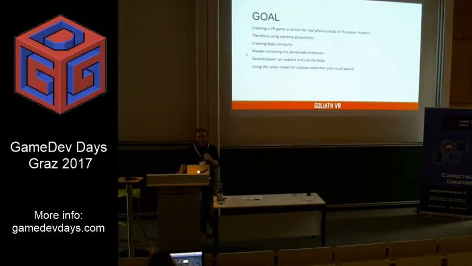Therefore, I was using extreme proportions, and I was trying to get as close to body similarity as possible, to maybe increase the perceived immersion. And what I wanted to have is a second player to explore the one body of the first player. So the rule for me was that I have to use the same model for collision detection that I use for the visual appeal.